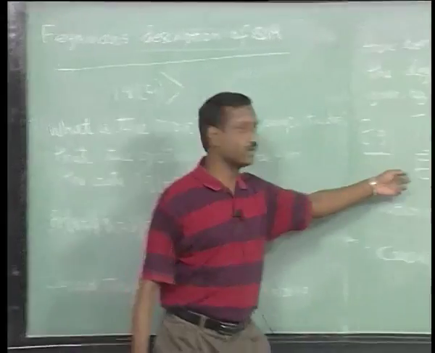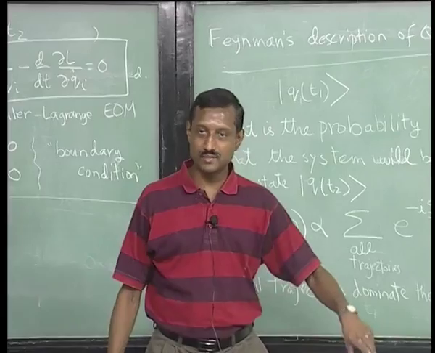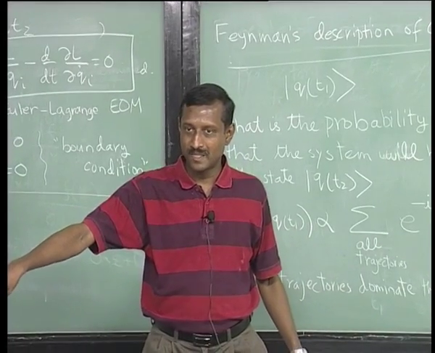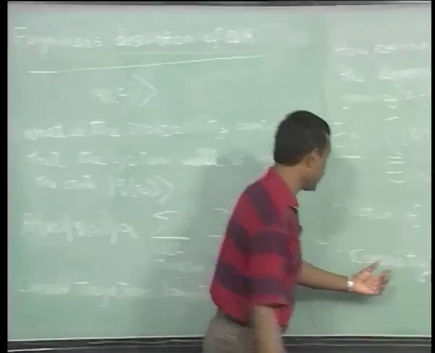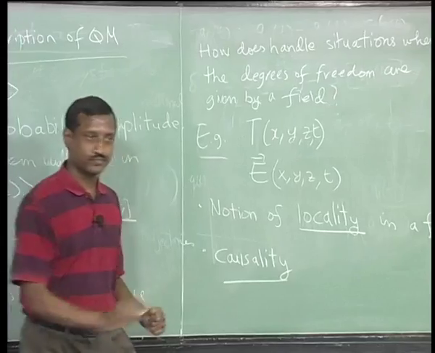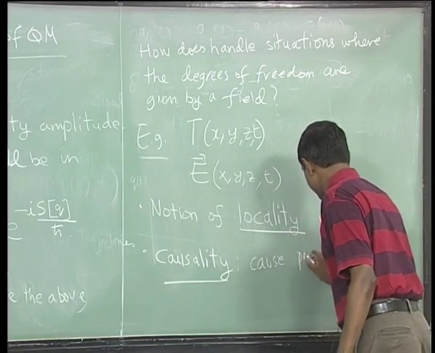Again at every point you have this, and you go ahead and do a local disturbance somewhere. You know that it takes some time to propagate. So, we should also be able to incorporate causality, that is, cause precedes effect.